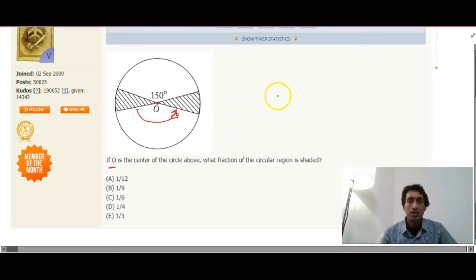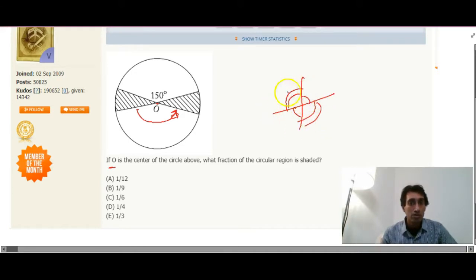Now there is a very important concept to know in general: if I draw two intersecting lines, then the opposite angles are always the same.